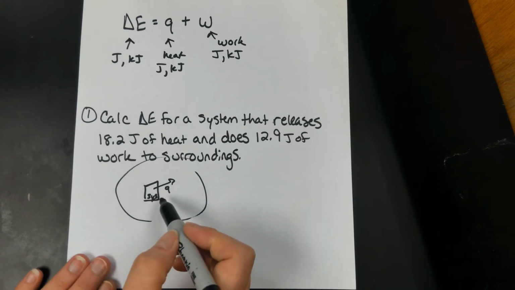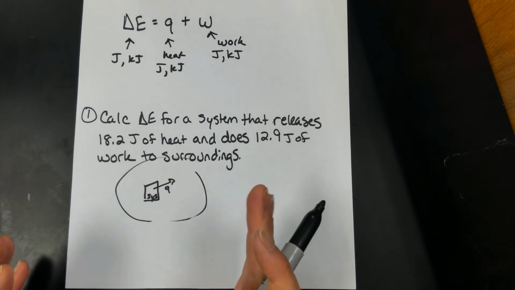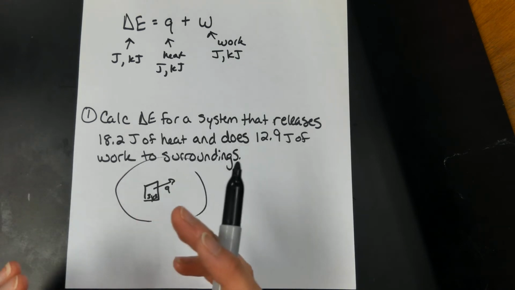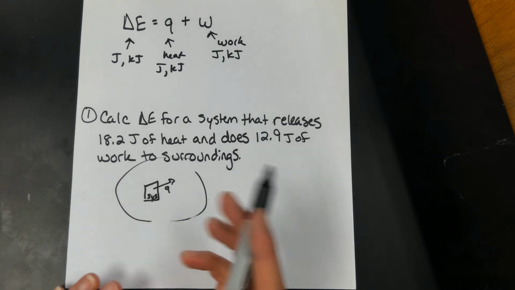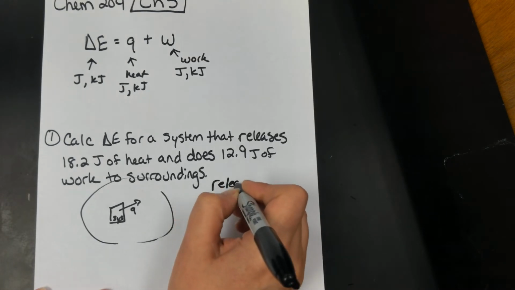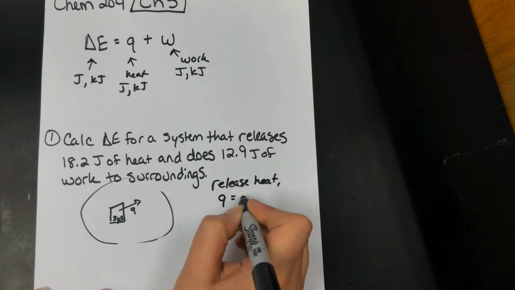Now, if my system does work on the surroundings, which an example would be an expansion of a balloon, right? If you were to do a work on surroundings, then you would be losing heat. So the 2 things that tell me, if you release heat, the Q is going to be negative.